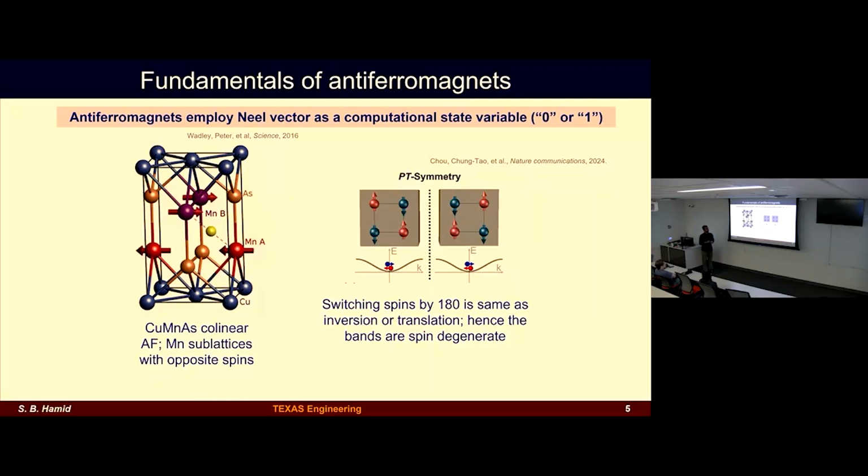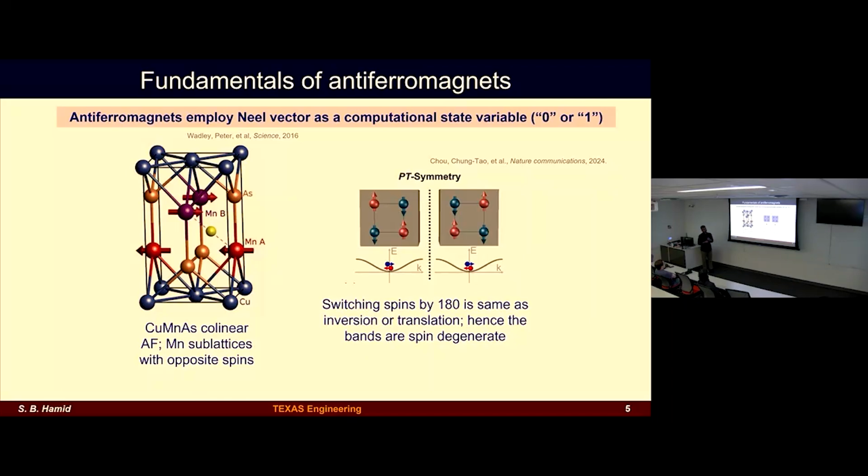So for example, in this copper manganese arsenic antiferromagnet, you can see that there are two sublattices of manganese, and the spins on these two sublattices are oriented opposite to each other. So if you consider this as a 0 state, inverting the direction of each spin would produce the 1 state.